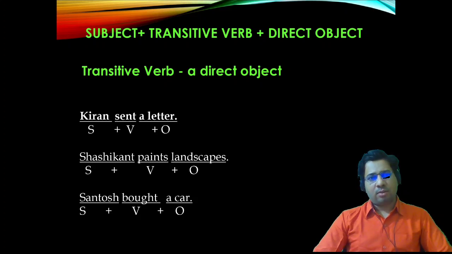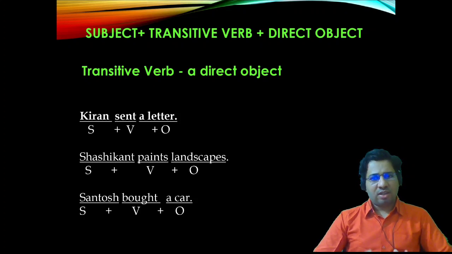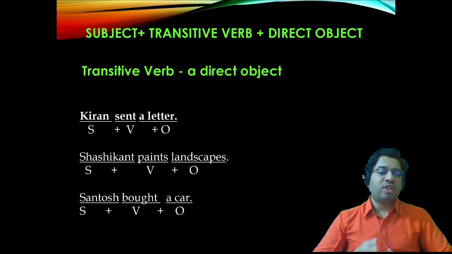Now let us move towards the next sentence pattern, that is subject plus transitive verb plus direct object. Another very common sentence pattern in English is this one, a subject and a transitive verb with a direct object. When the sentence has a transitive verb, it must take a direct object.